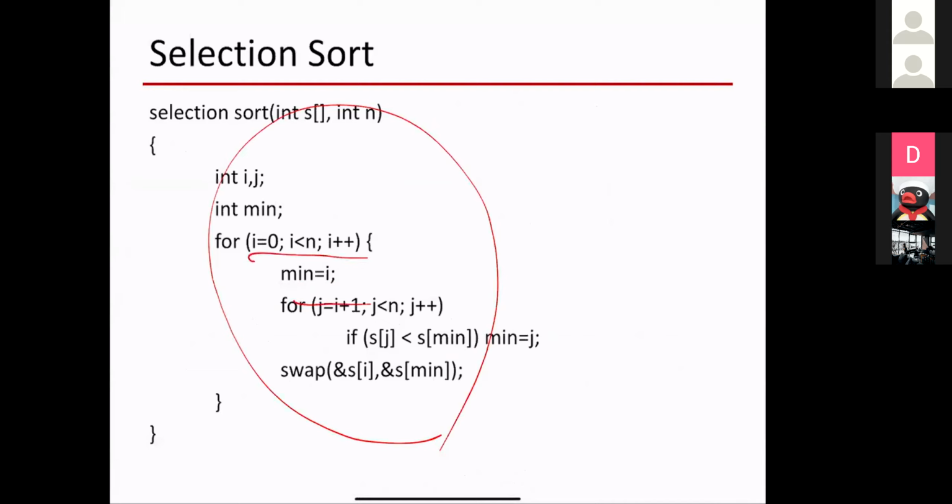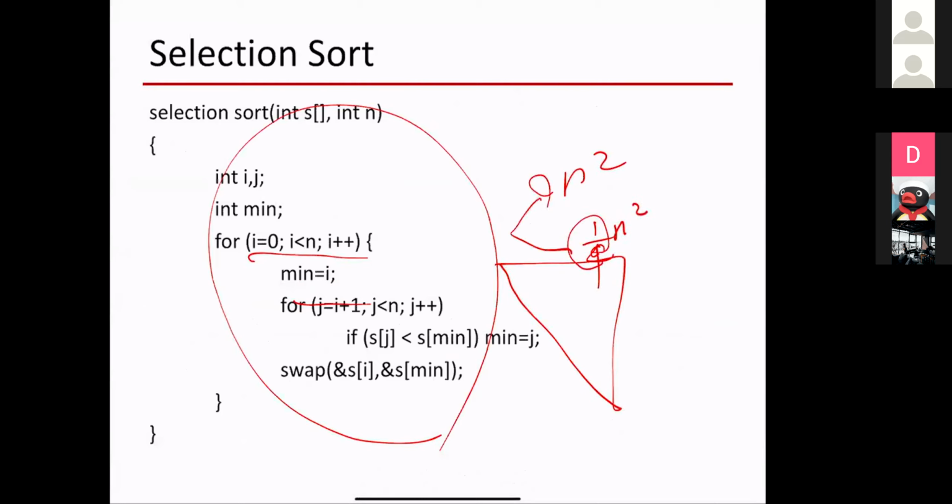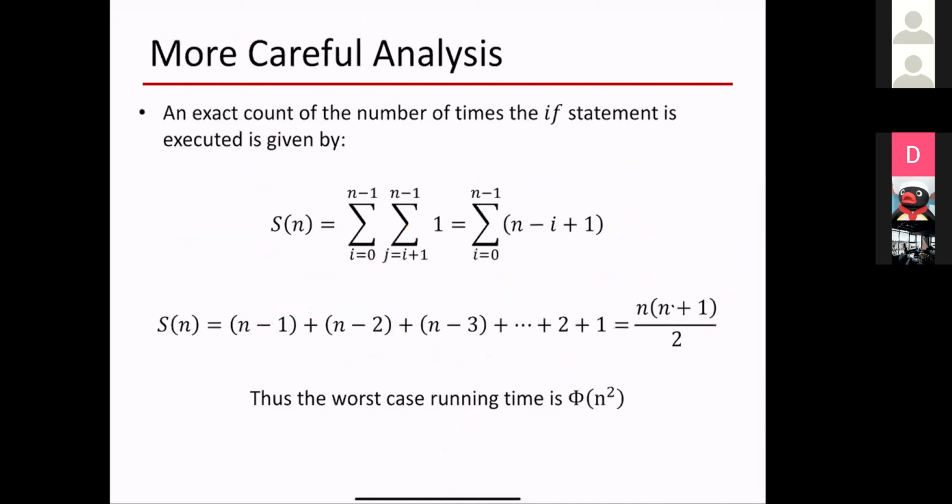Wait, I can do this: I can choose some constant smaller than 1 times n squared. Therefore I can set up two constants, and it is Theta of n squared. So by looking at this code, you should have the ability to compute that it is Theta of n squared. Okay, go to the point.